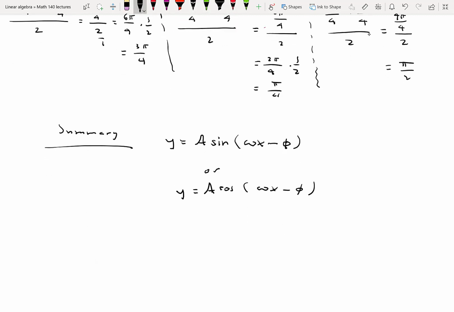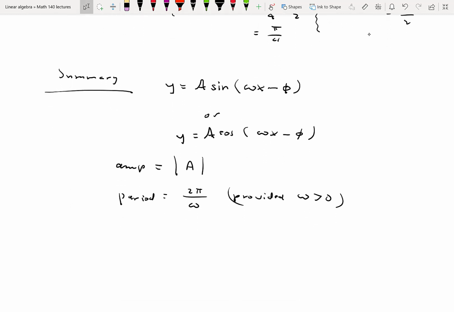Two of these we already know from before. The amplitude is equal to the absolute value of A. The period is 2 pi over omega, provided omega is positive. And there were a couple of homework problems that you did where you had to deal with a negative omega.